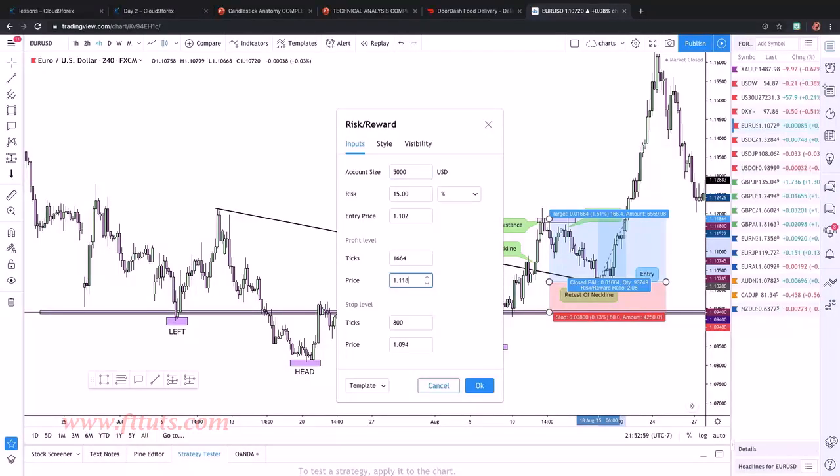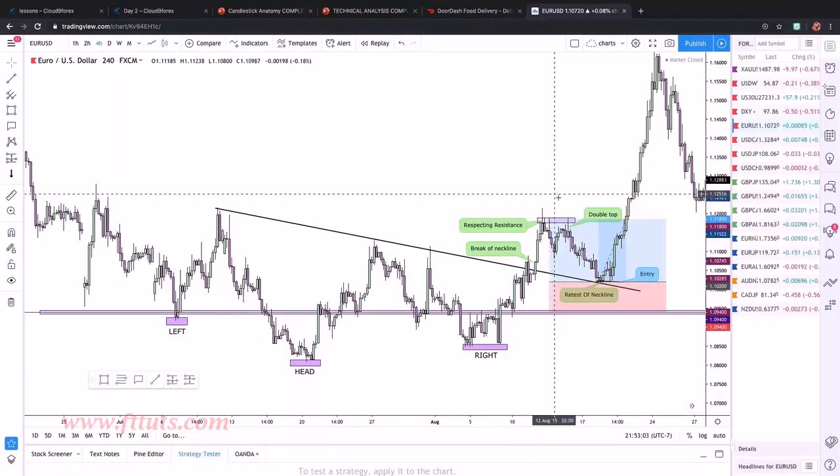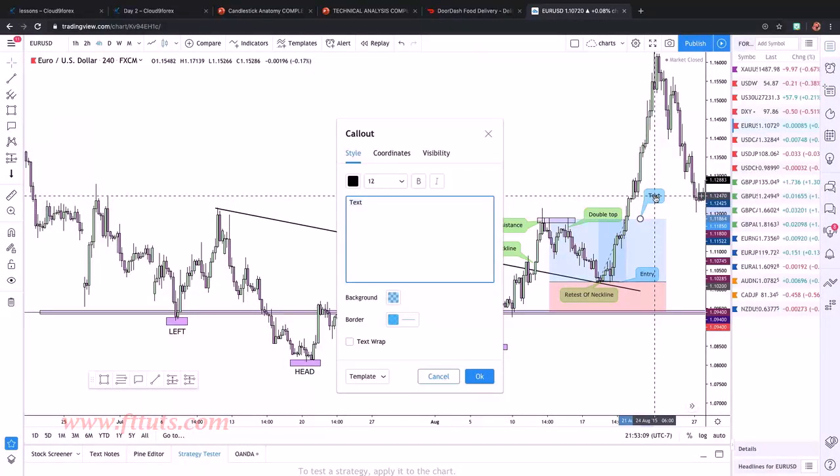So our profit level, we want to make even, so I put 850. So this would be our first target.